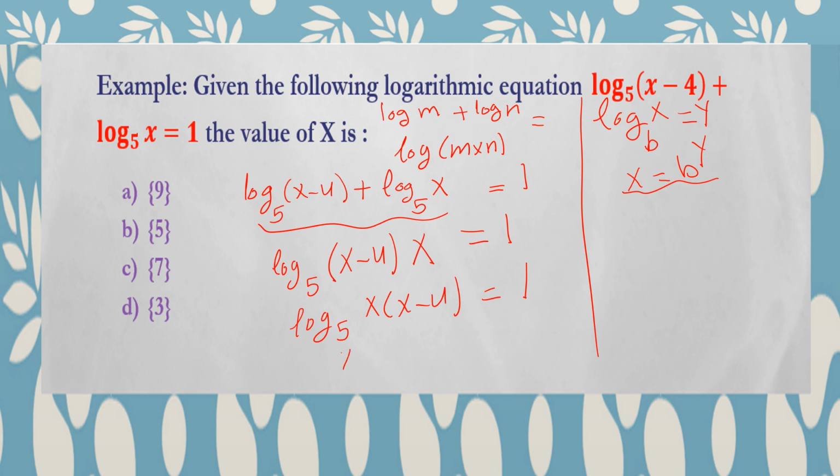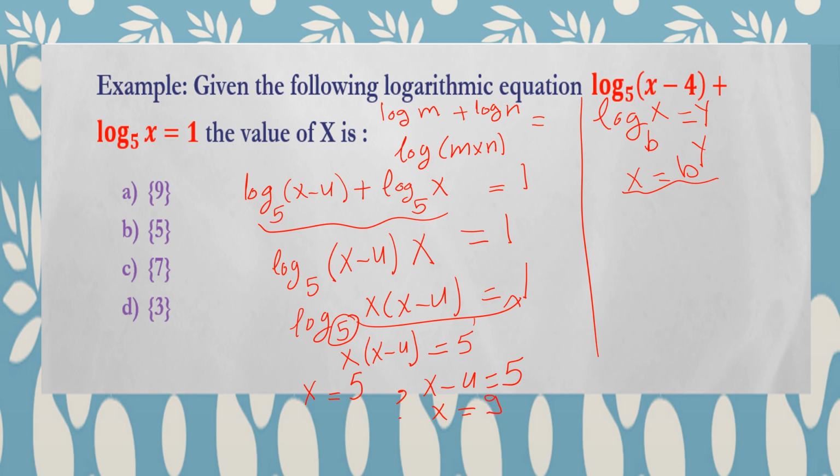So x times x minus 4 equals, taking the base of the log and giving it the power of 1, 5 power 1, which means 5. So x equals 5 and x minus 4 equals 5. And this means x equals 9.